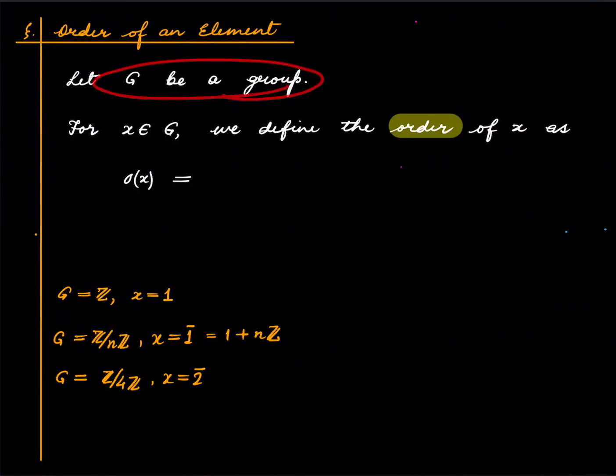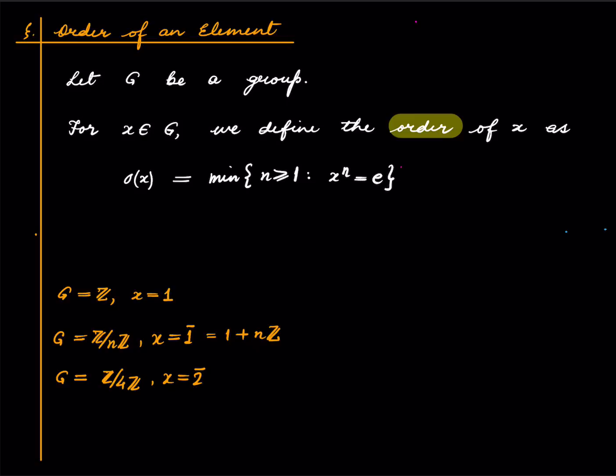So fix a group G and let x be an element in G. We define the order of x as the minimum of the set of all positive integers n which satisfy this equation, provided this set is non-empty, because if it is empty, one can't even write the minimum here.